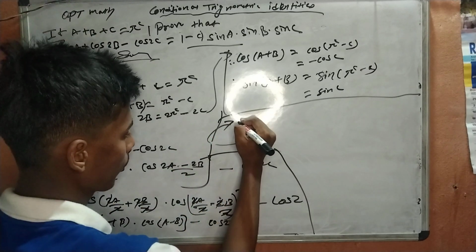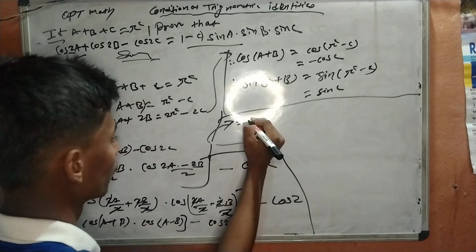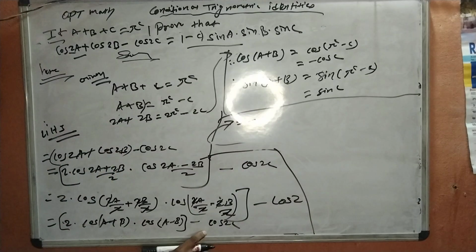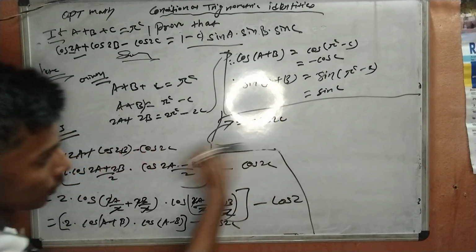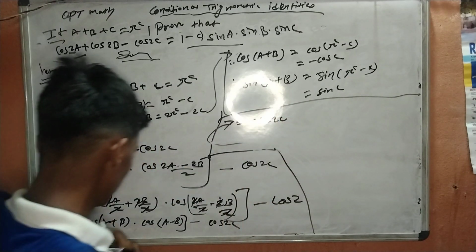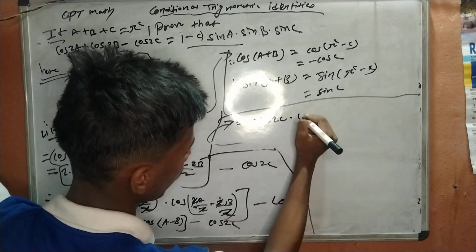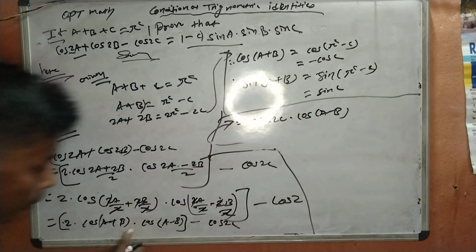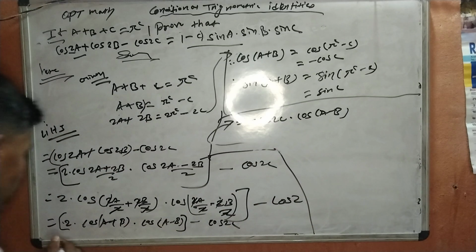Now I am going to write, minus cos 2c on the front side, and minus cos a minus b here, into cos a minus b, and here is a 2 cos a plus b.